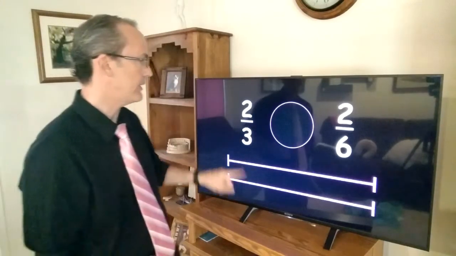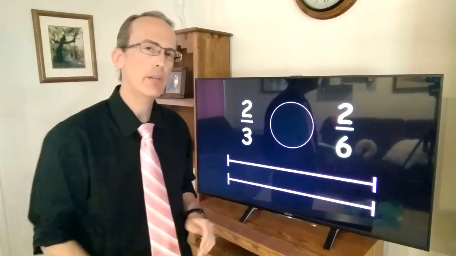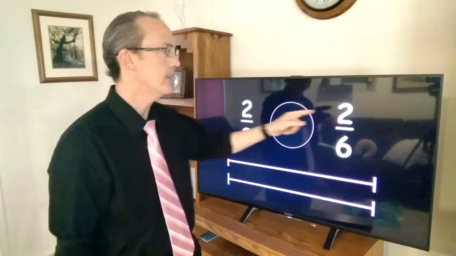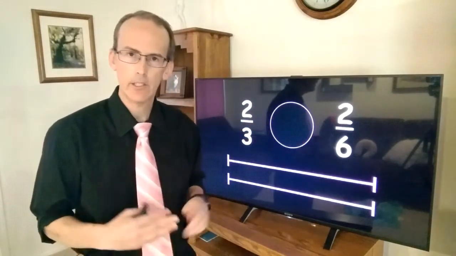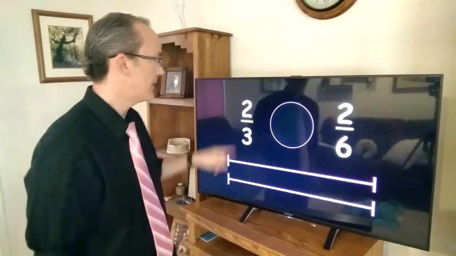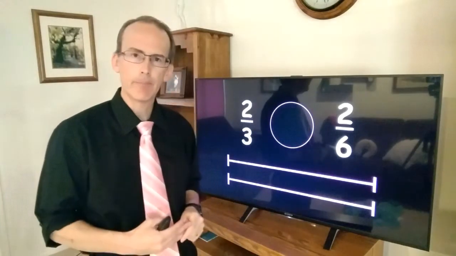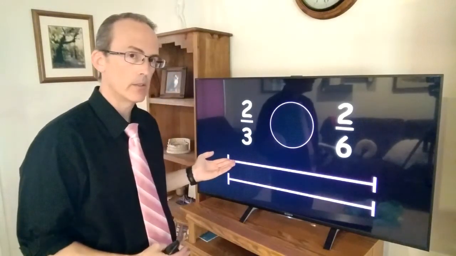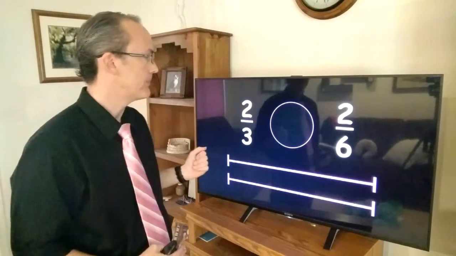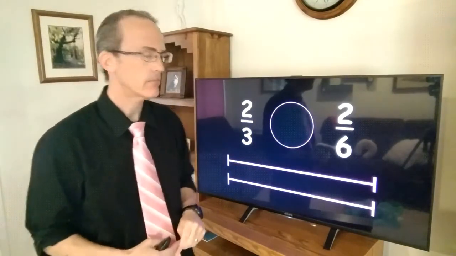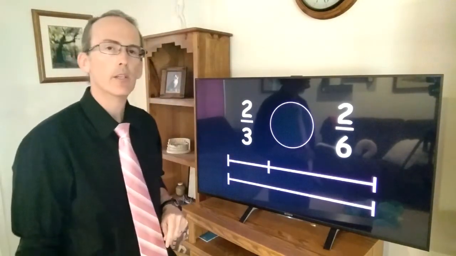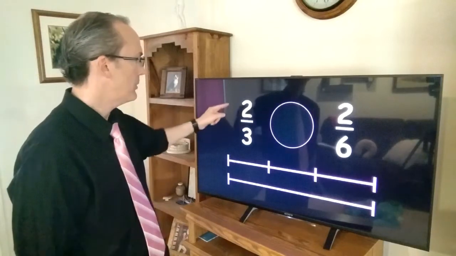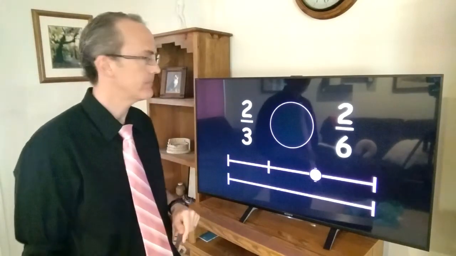Here we have different denominators. That means we cannot just look at the numerator to find out which fraction is greater or less than. Because 2 and 2, they're both the same. So this could be an equal, but they're not equal because the denominators are different. So again, we're going to mark our line, put our dot on the 2nd line.